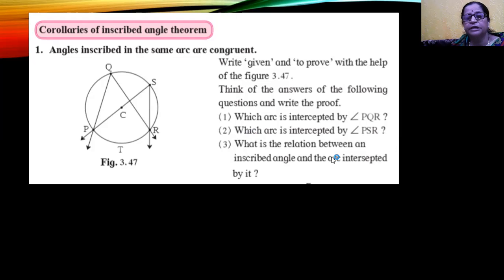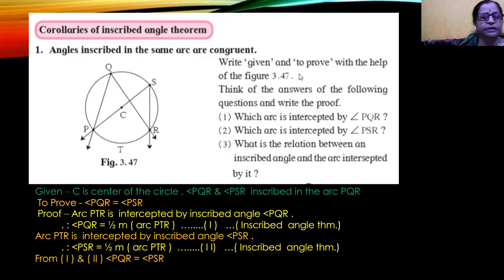What is the relation between an inscribed angle and the arc intercepted by it? We have to write the proof and the given. I have written it here. You also do this one. Given: C is the center of a circle, and angle PQR and angle PSR are inscribed in arc PQR.